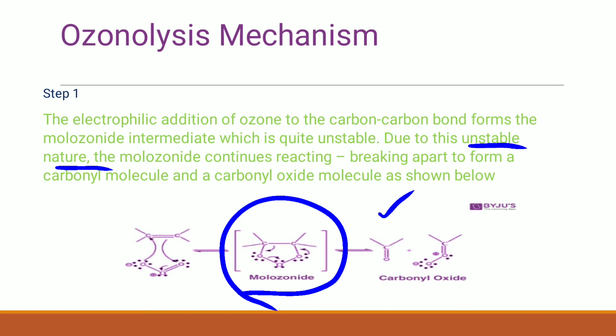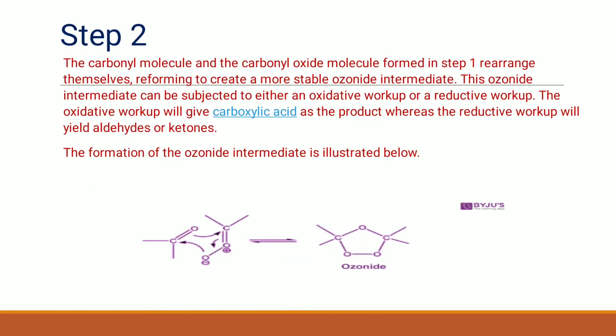In step number 2, the carbonyl oxide molecule will react with the carbonyl compound formed in step number 1, and they will rearrange themselves, reforming to create a more stable ozonide intermediate. Here, see, this carbonyl compound is reacting with the carbonyl oxide.